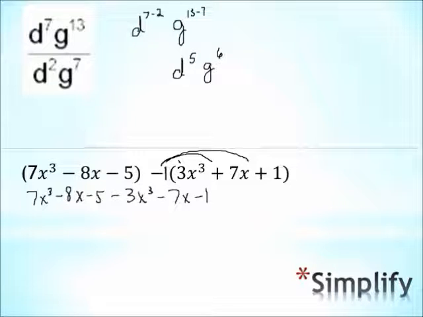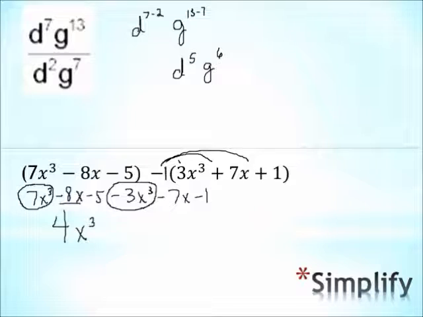So combining like terms, my -3x cubed is going to be combined with 7x cubed. My result is going to be 4x cubed. The next like terms are -8x and -7x. If we combine those, we get -15x. And then the last ones are -5 and -1. Combining those, we get -6.